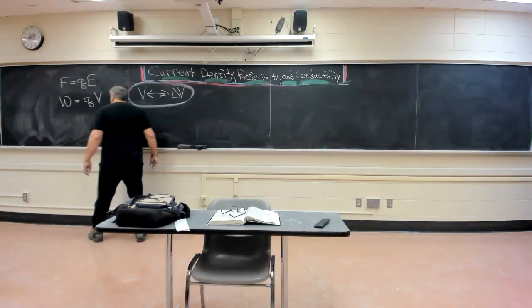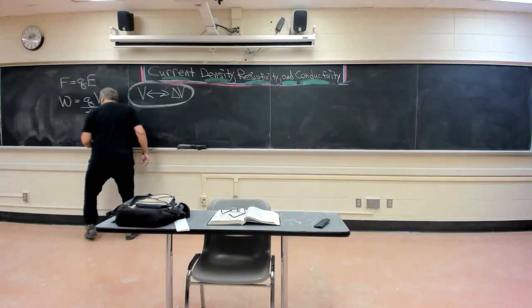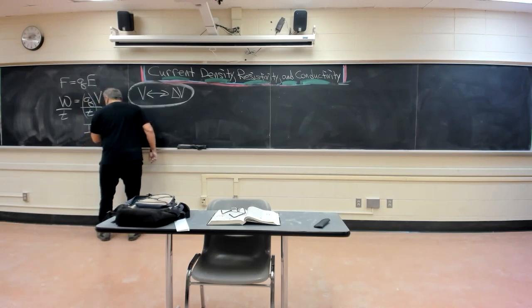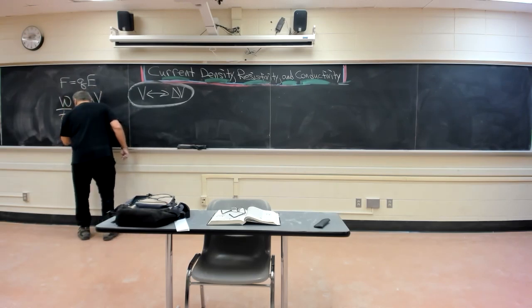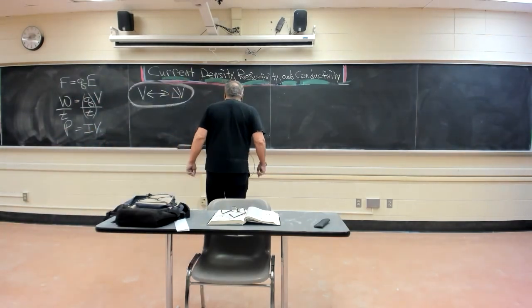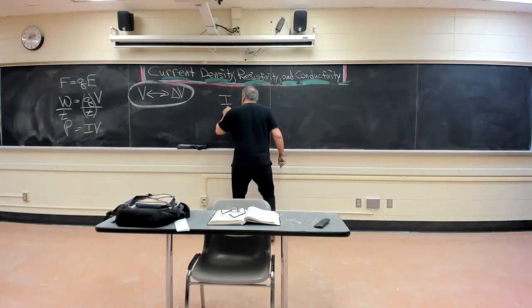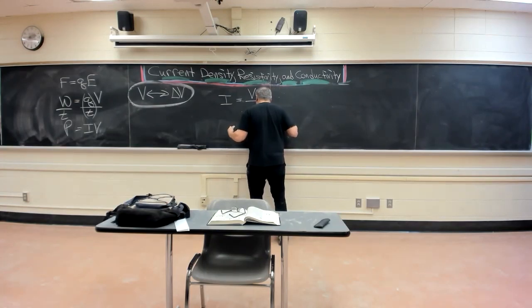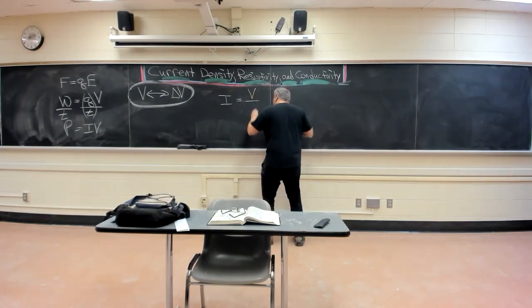Makes sense to me. If you divide by t on each side, Q divided by t is I, this is V, W divided by t is power. If they tell us that the amount of current that flows is directly proportional to the potential difference making the flow possible, with a large potential difference and a small resistance, current is directly proportional to potential difference and inversely proportional to resistance.